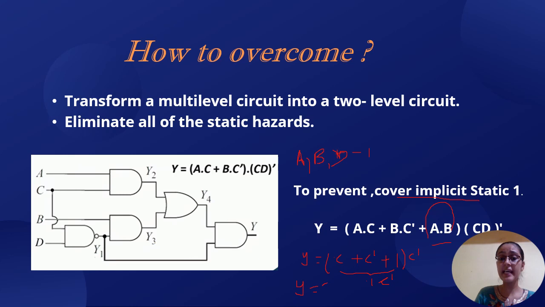That is the complement of C. So by covering the static 1 hazard, we can overcome the dynamic hazard in this example which I showed. In a similar manner, if we cover the static hazard, then we can eliminate the dynamic hazard.